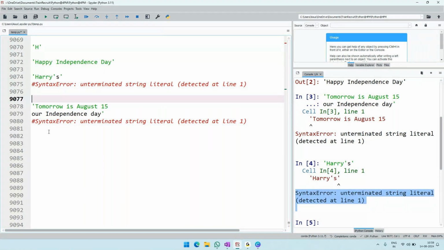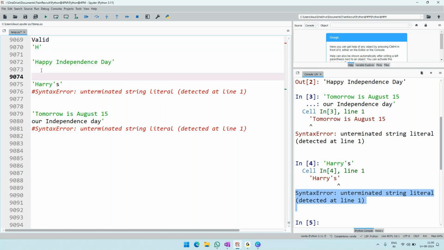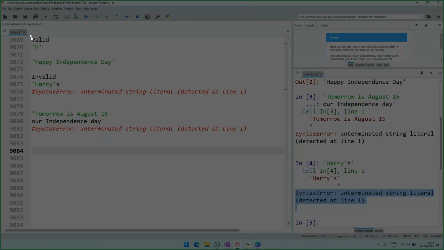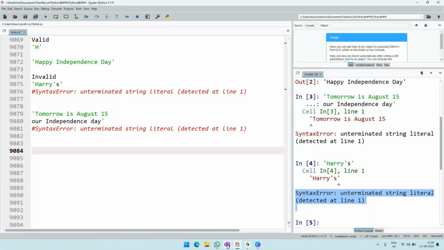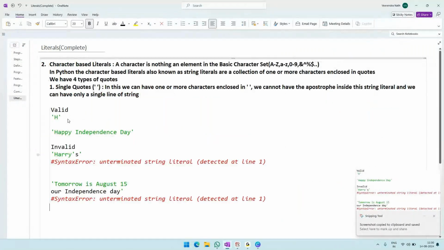In a single line, a single character also is fine, but when you are going for multiple characters, you cannot have multiple lines, first point, and you cannot have apostrophe. So these two are valid, and here I will write invalid. Why are they invalid?